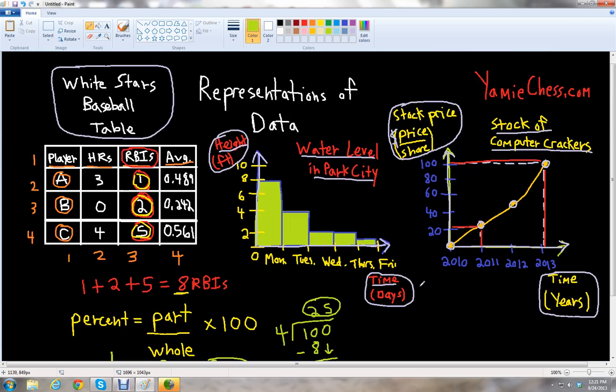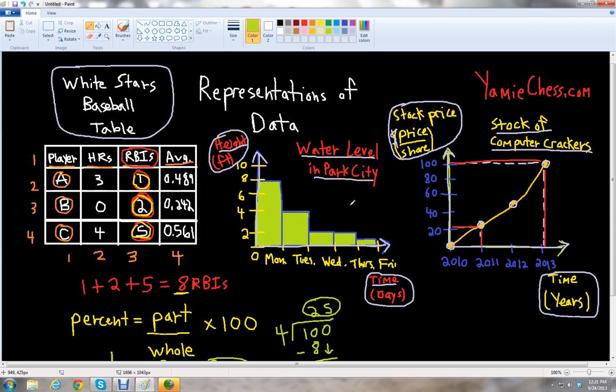Okay. So let's look at the water level in Park City for the bar graph. So one question I want to ask you is, which day has the highest water level in Park City? Which day of the week has the highest water level in Park City?